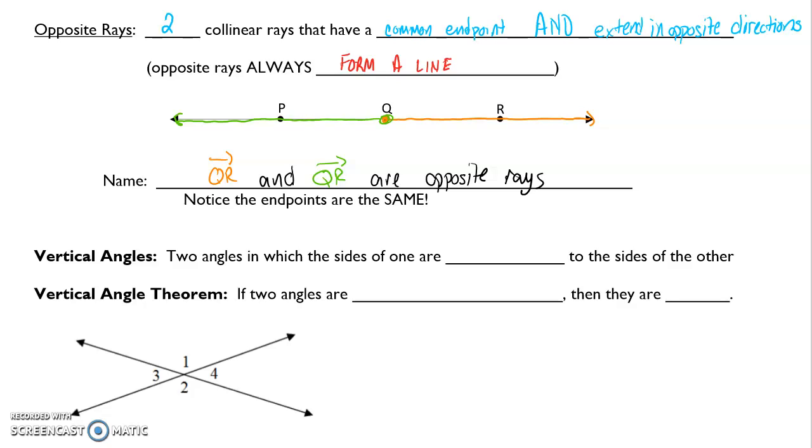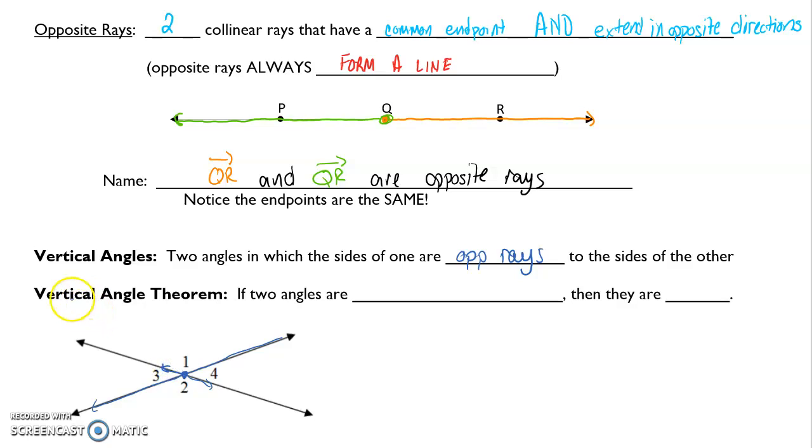Okay? Now, to formally define our vertical angles, it's two angles in which the sides of one are opposite rays to the sides of the other. And so in our diagram here, the sides of these angles are opposite rays, essentially intersecting lines.